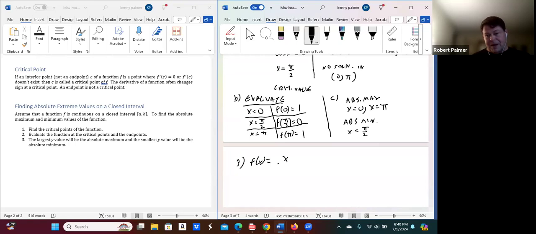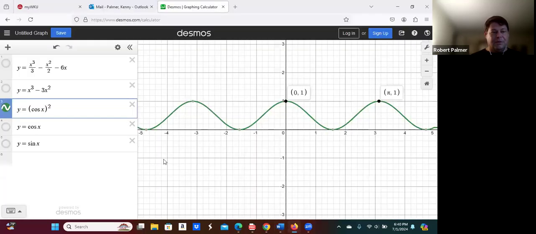This time our function is x divided by x squared plus 3, squared, and this is on the interval from -2 to +2. Okay, so first off, let's graph that like we did the others. Let's just turn these off in case we need them later.